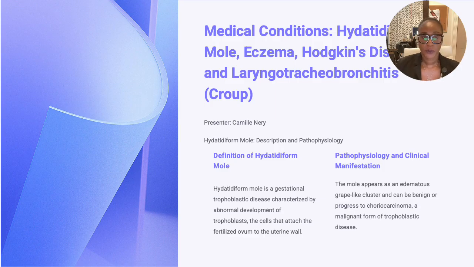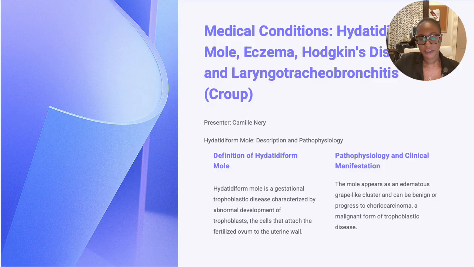So hydatidiform mole is a form of gestational trophoblastic disease that occurs when the trophoblasts, which are the peripheral cells that attach the fertilized ovum to the uterine wall, develop abnormally. The mole manifests as an edematous grape-like cluster that may be non-malignant or may develop into a choriocarcinoma.